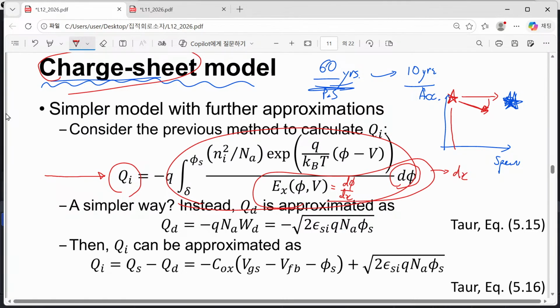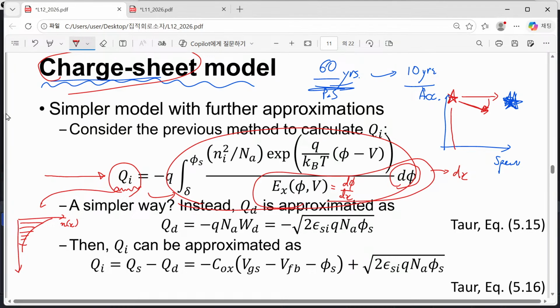Simply speaking, in order to calculate our electron density, what we have done is really vertically integrating our electron density. That was our quite exact and quite accurate approach.